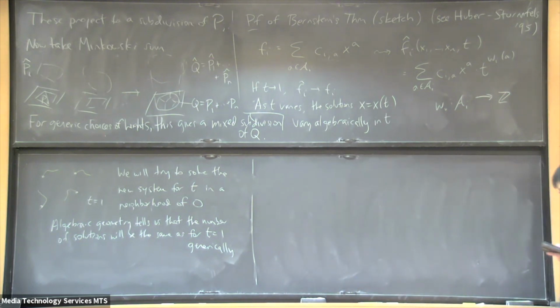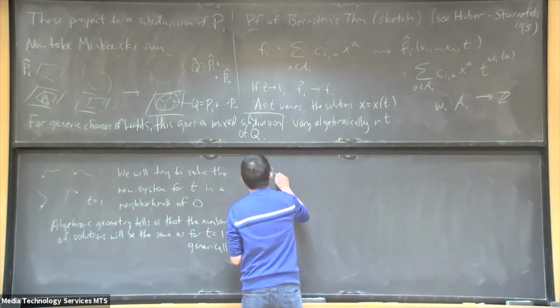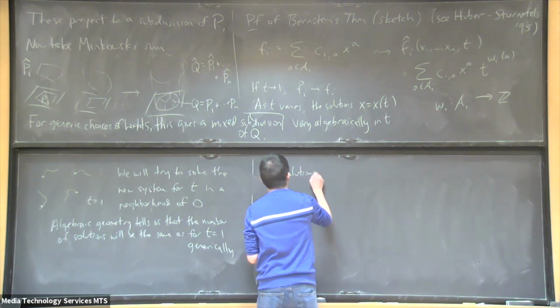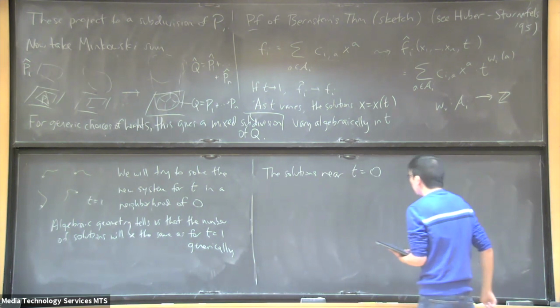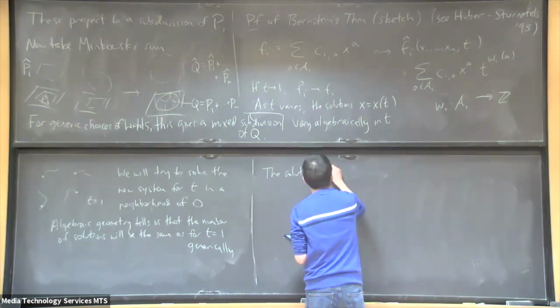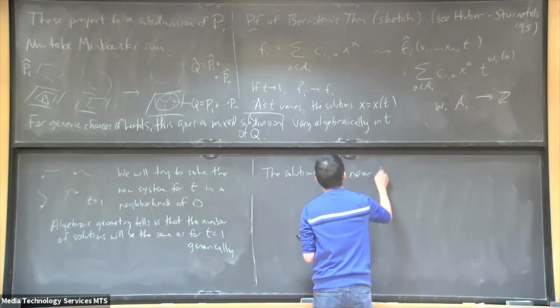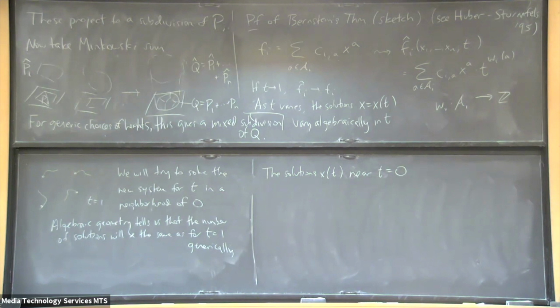so let's figure out what happens near t equals 0. And these are x of t. Okay, so how can we write these things down?